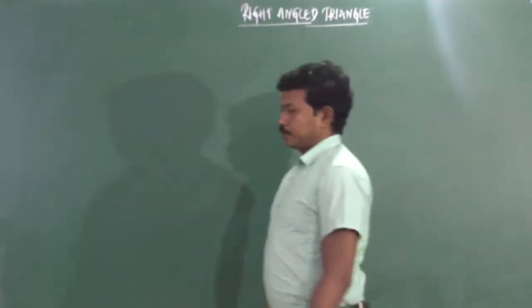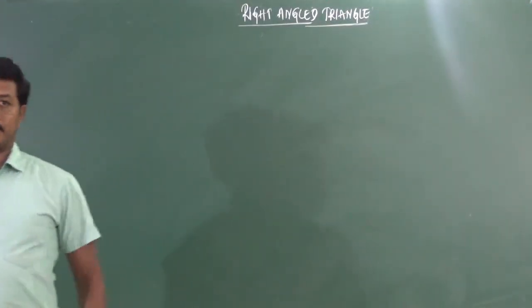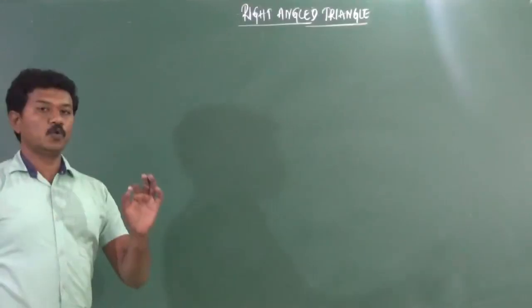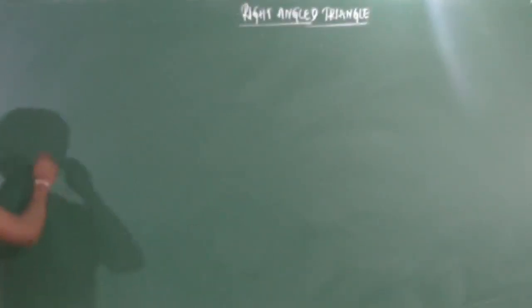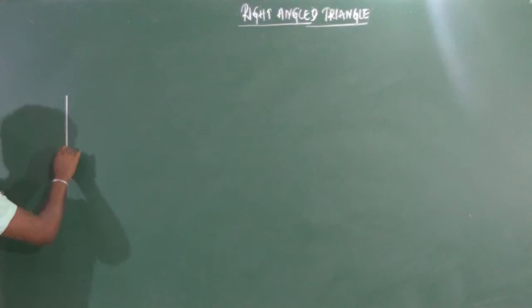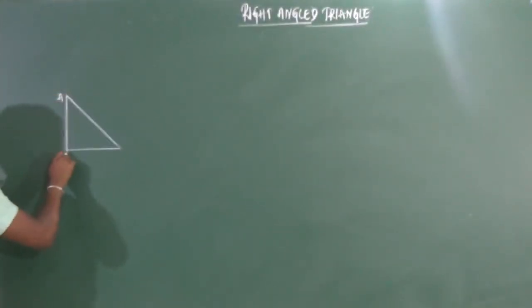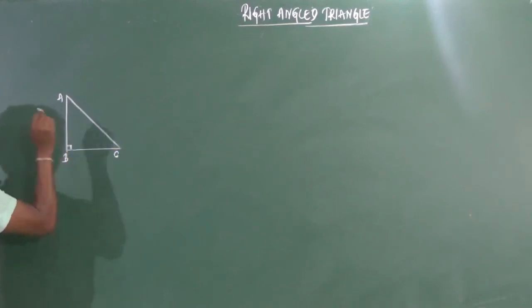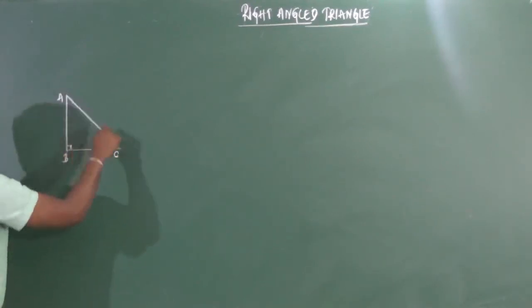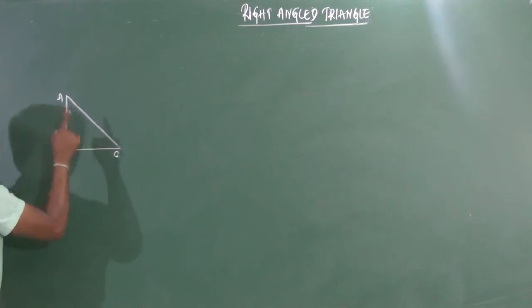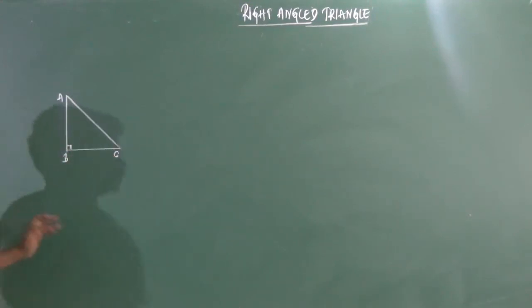So before getting into the problems, I just want to speak with you regarding a small note you have to remember here. So consider this as a right angle triangle. Let us imagine this is triangle ABC where angle B is a right angle. So therefore AC will be the hypotenuse because it is opposite to the right angle, and these two are the remaining sides.